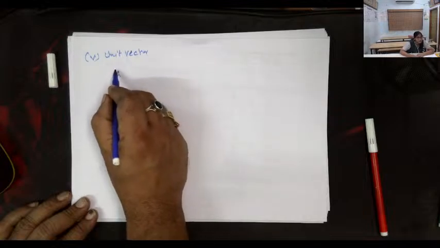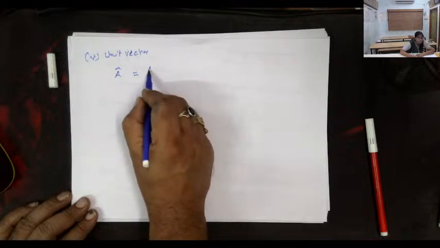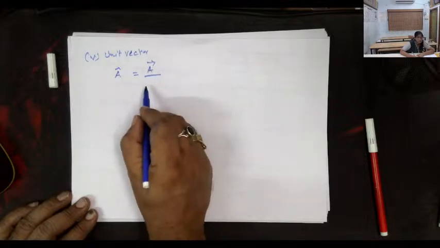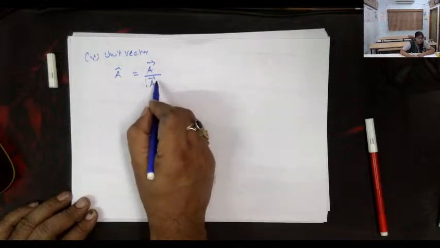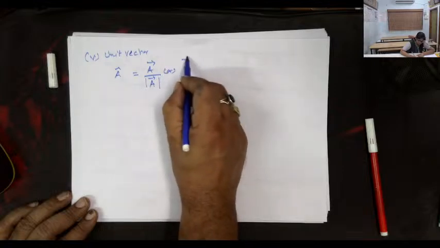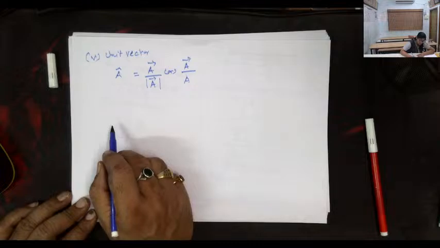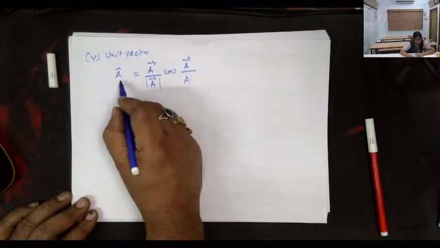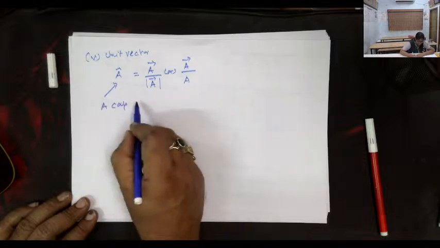So A cap, the unit vector, is equal to vector A divided by its magnitude, or simply A. So this should be called A cap, means unit vector.